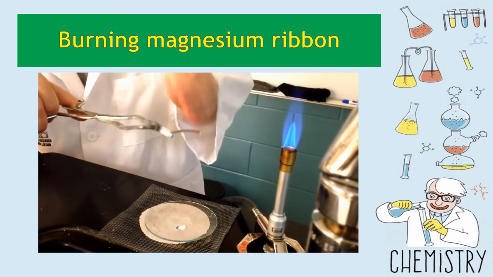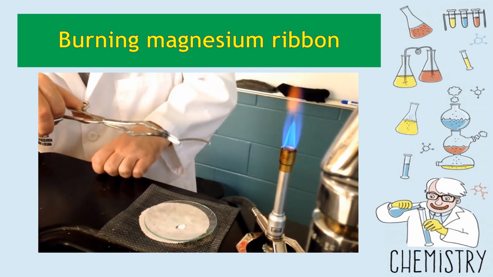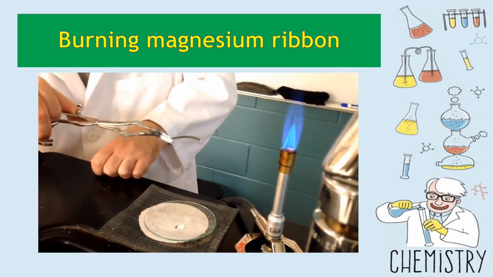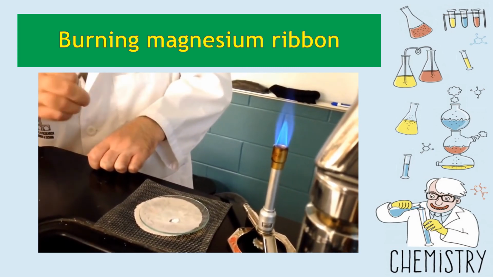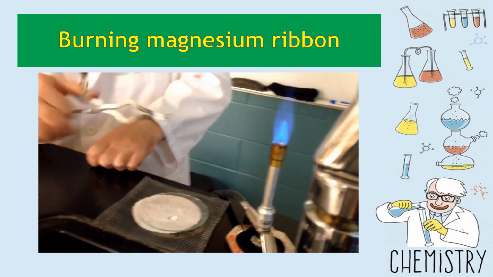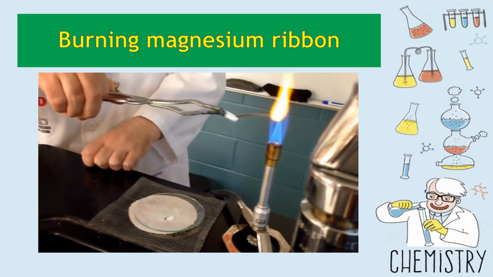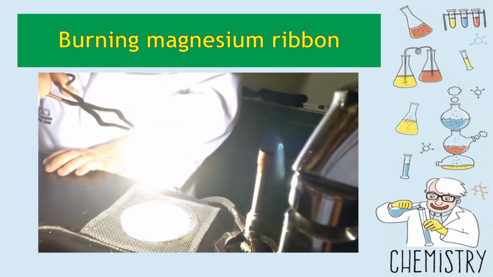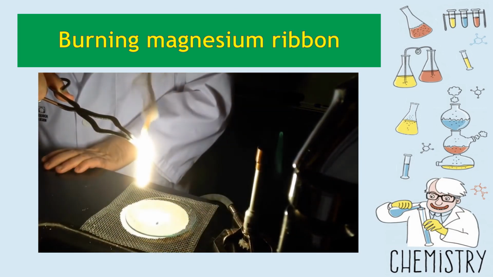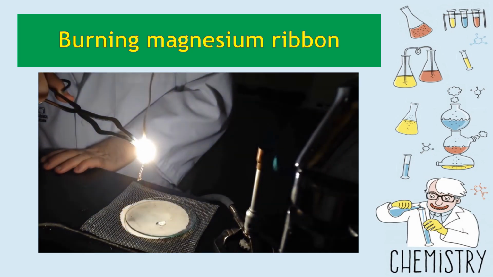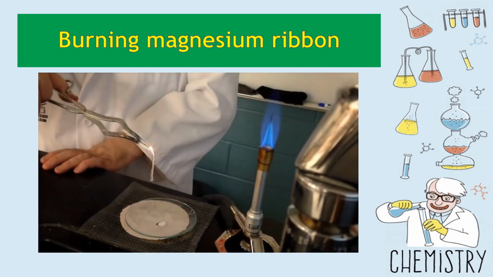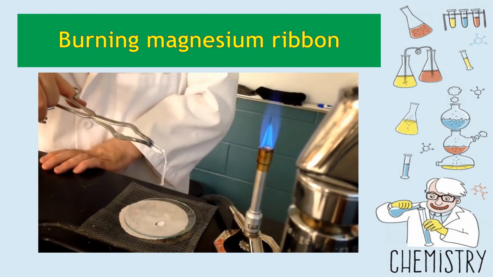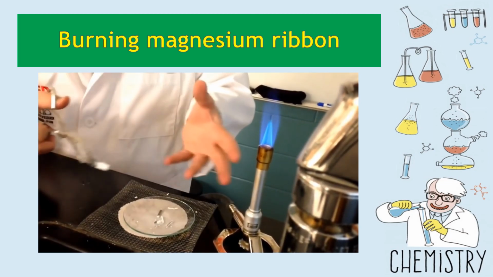If you actually drop a burning piece of magnesium onto the watch glass, you do risk breakage, so use caution. Again, this is synthesis, the burning of magnesium. Now I can release it, and you can see how it just crumbles.